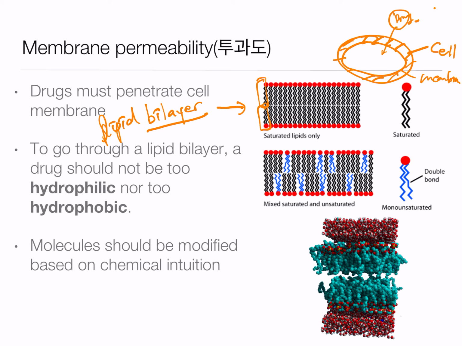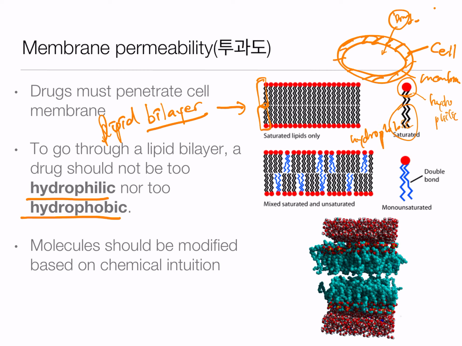So to go through a lipid bilayer, a drug should be neither too hydrophilic nor too hydrophobic. Because as we all know, in lipid molecules, these head groups are generally hydrophilic, right? But these tail groups are generally hydrophobic, okay?